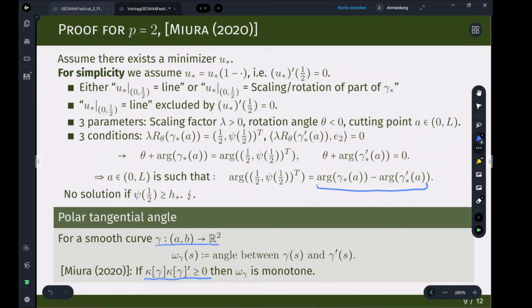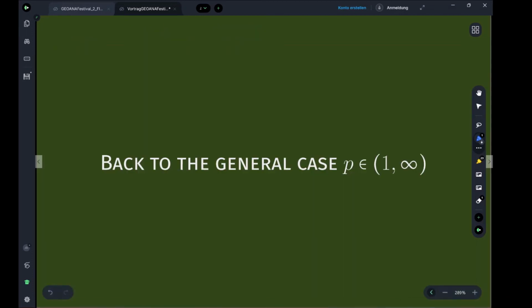So this explicitly characterizes when such equations are solvable or not. And this is what is taken advantage of here. Okay, so that is the proof, basically.